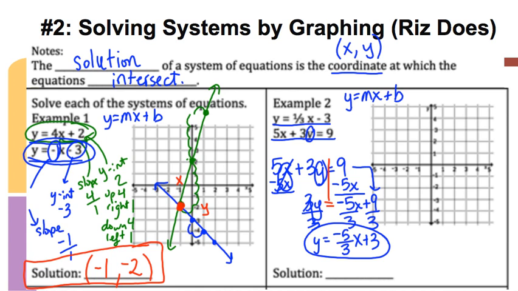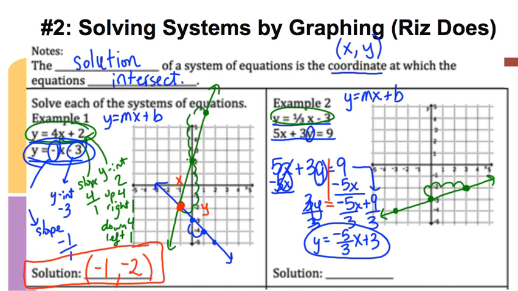I'm going to draw the first line in green, y equals 1/3 x minus 3. Go down to the negative 3, that's my y-intercept. My slope is 1 over 3, so I'm going to go up 1 and to the right 3. 1, 2, 3. Draw this line.